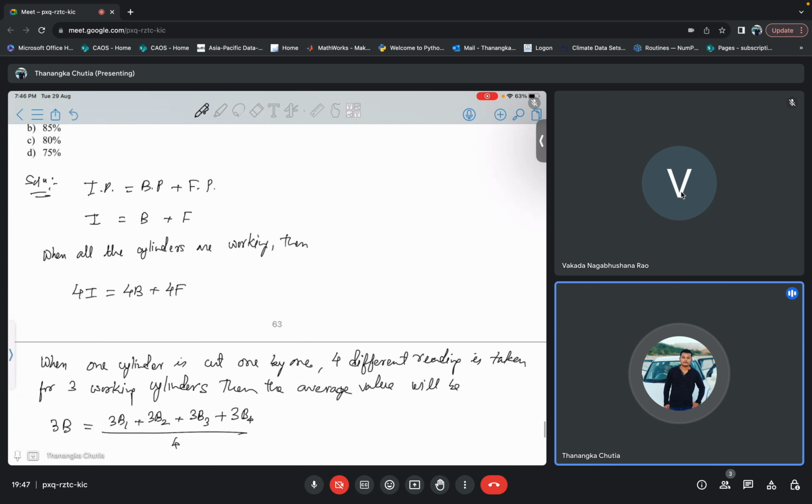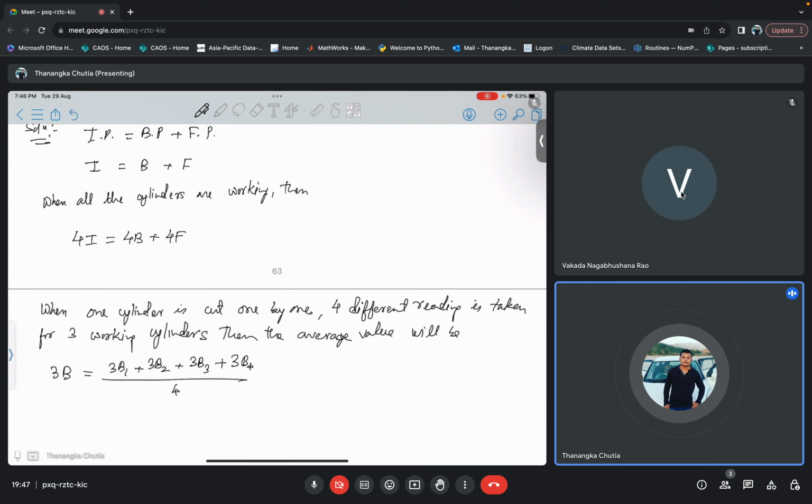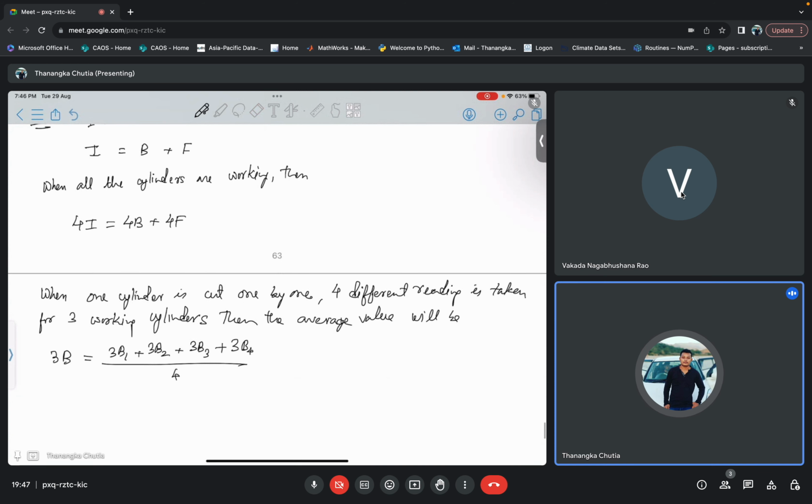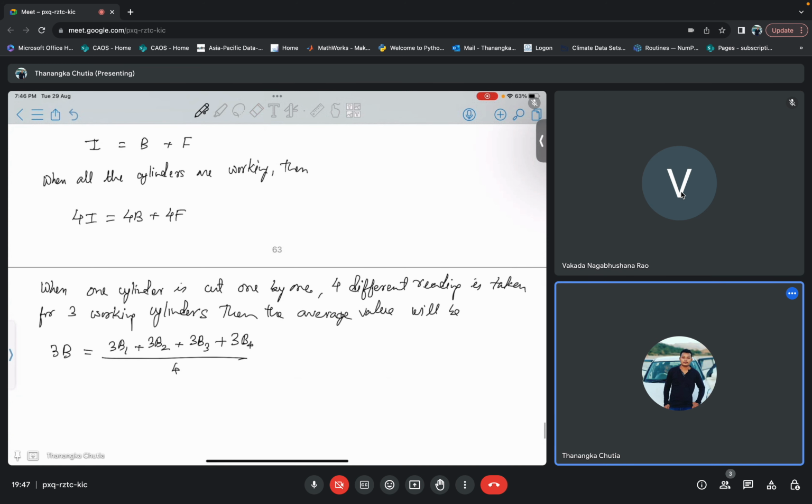Where 1 is the case when one cylinder is cut off, 2 is the case when the second cylinder is cut off, and so on. For 3 working cylinders, what will be the formula? If for 4 working cylinders the formula is 4I equals this one, then for 3 working cylinders the formula will be 3I is equal to 3B plus 3F.